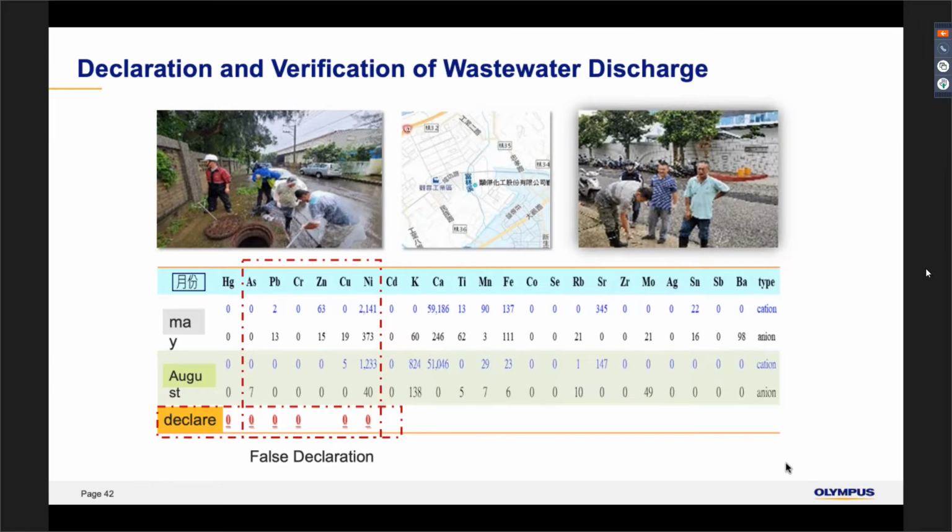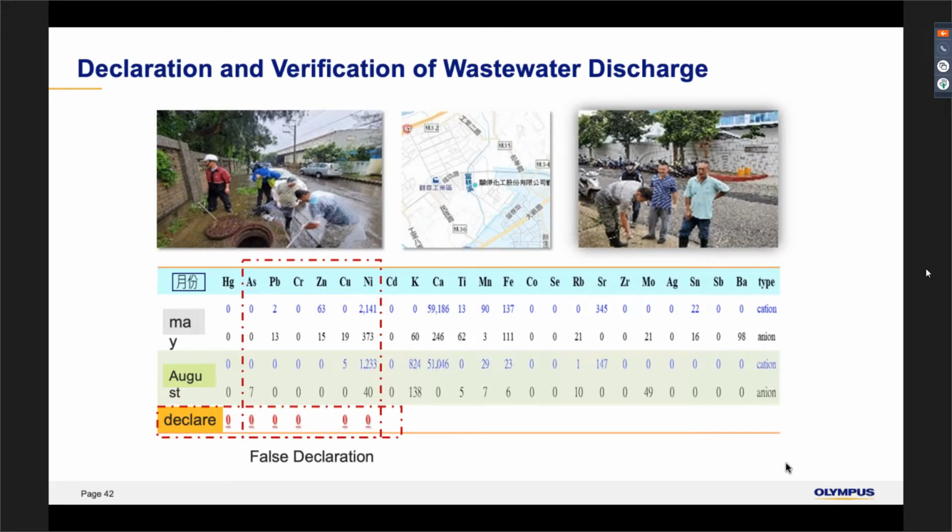Regarding pollution source tracing, is this spot sampling, or can it be recorded for a certain period of time on a 24-hour basis perhaps, or during night time, when most facilities discharge their wastewater?